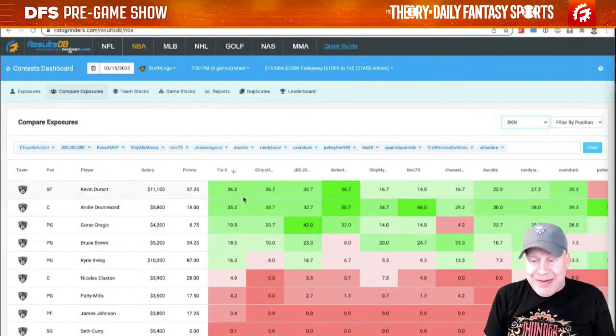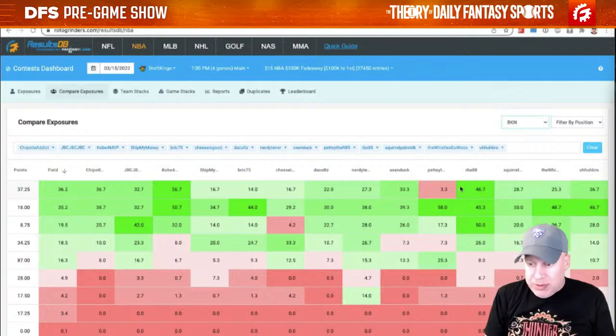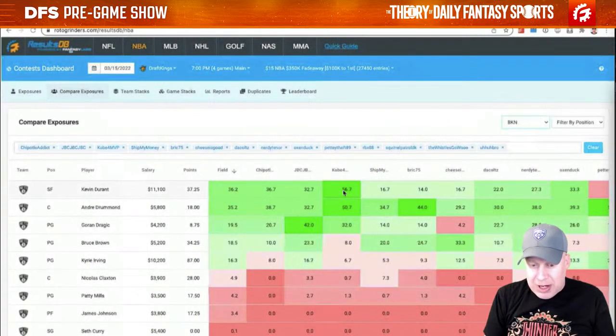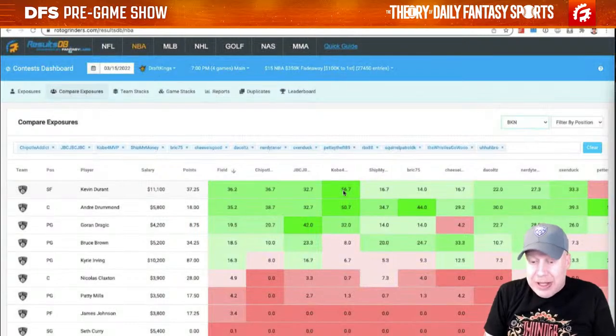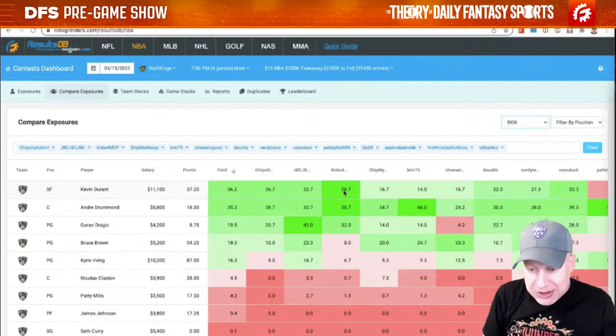So if you played a lot of Kevin Durant last night, well, you were on board with most of the sharp players. Played way more Kevin Durant than Kyrie Irving, but primarily because of a positional issue. If Ja Morant was in and Tyus Jones was not a value anymore, you could still play him, I guess. I mean, it wouldn't be owned much.